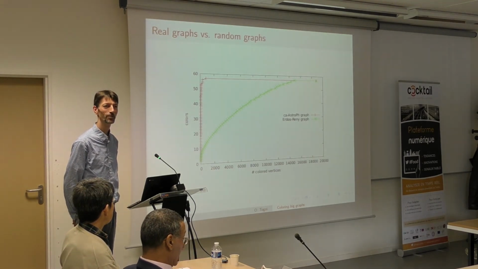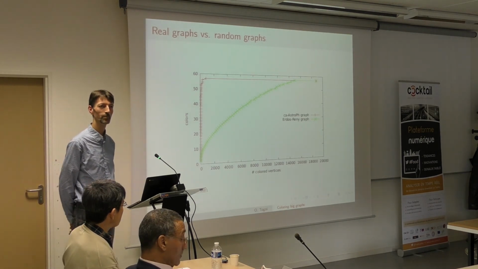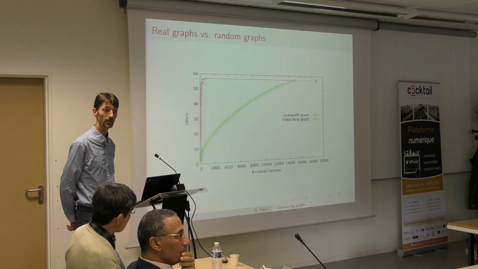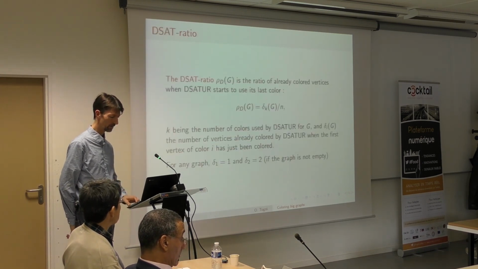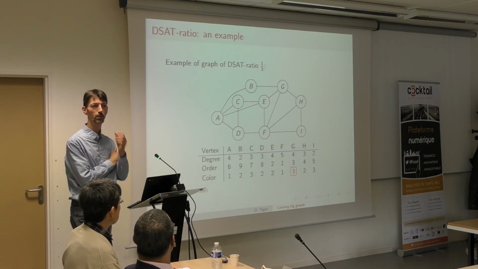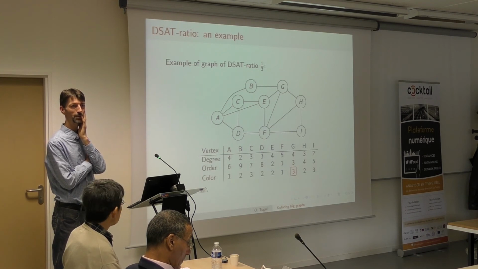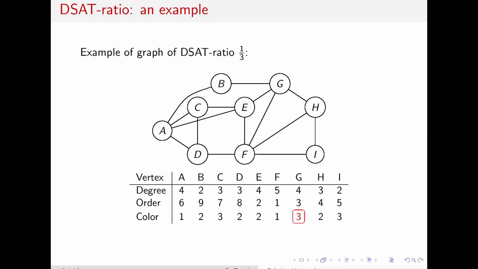Two questions. The first one is, if I understand correctly, the saturation ratio depends on where we start the exploration. The algorithm says the first node is the node with the largest degree. But perhaps we can try at random: among the vertices with largest degree, we can try at random on a few vertices. Does it change a lot if we take vertices at random?